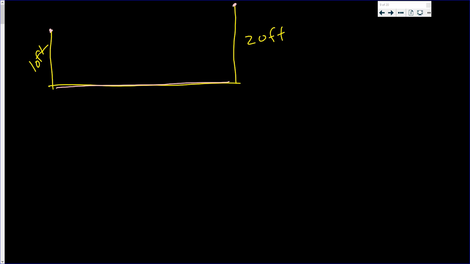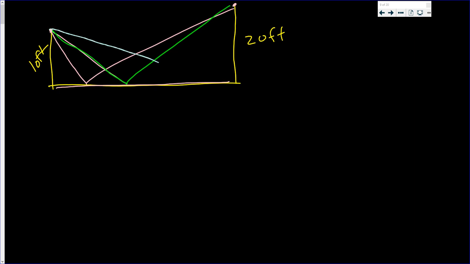And wire costs money, so you want to minimize how much wire you use. So, for example, you can go down here and then up. Or you can go down to that point. You can go down to that point and then up. Or you can come way over here and then go up.